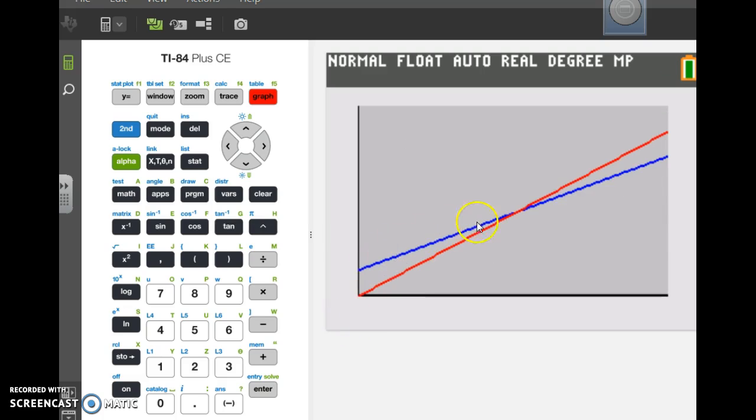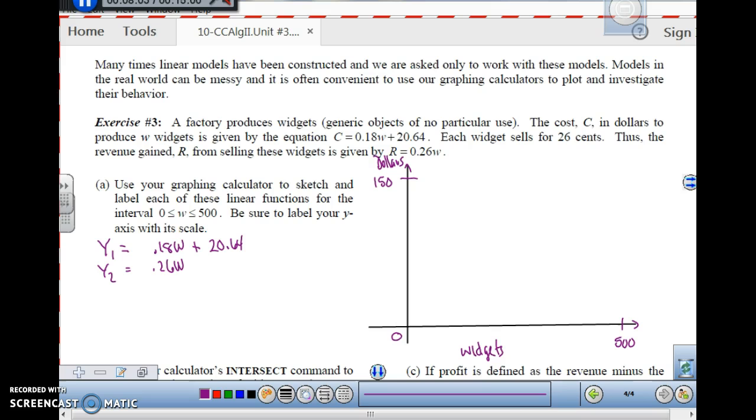Okay, so the blue one going up starts here and goes up, and then the red one starts here. So let's take a look at the values that we have. The blue one started, because it's the y-intercept, at 20.64, which is about here, and went up like this. And then the red one started at 0 and went up like this.